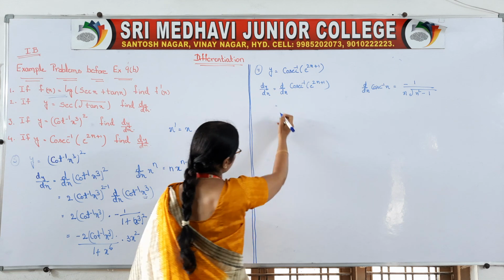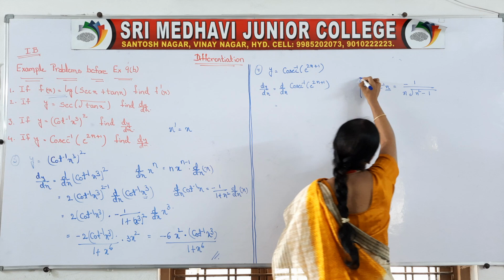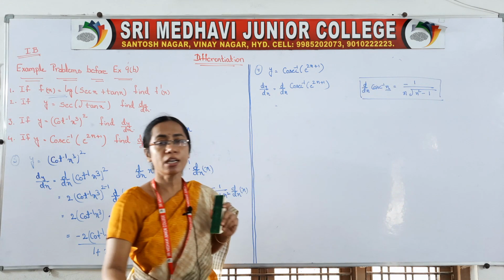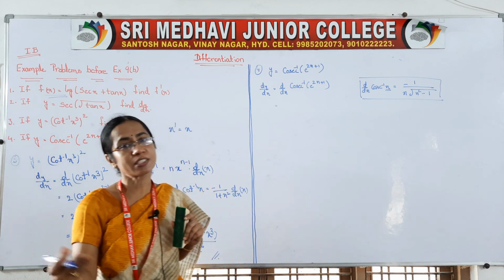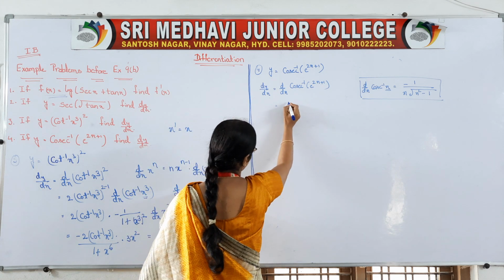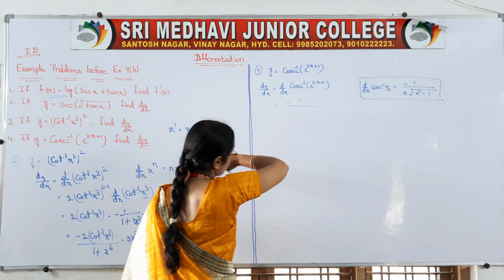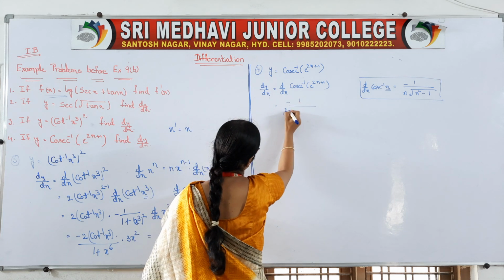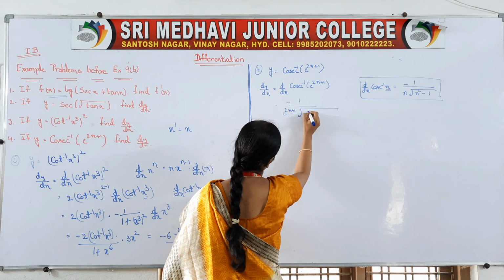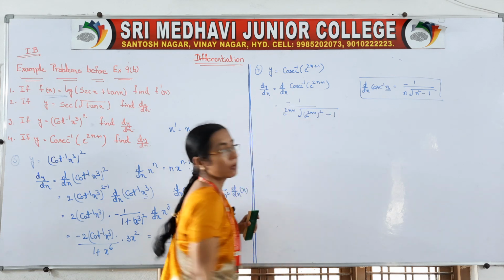Again I said in all these formulas you consider x as a variable. Instead of that we can have any other variable also. Variable means changeable. So come on, we can take this one, minus 1 by, instead of x we are having e to the power of 2x plus 1, root of e to the power of 2x plus 1 whole square minus 1.